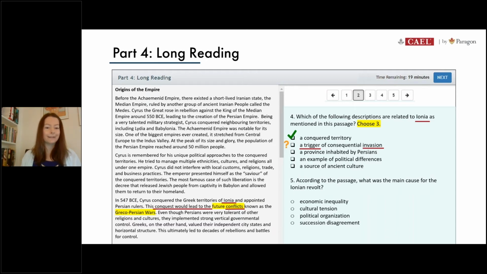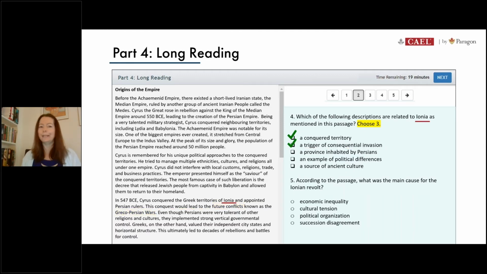And if I really wanted to dive deep into these keywords, looking at this answer choice, I noticed this complex word, consequential. Now, a consequence would be a negative result to something. So when I reason back to what I just read in the text, I would argue strongly that a war is a great example of a negative result of this invasion.